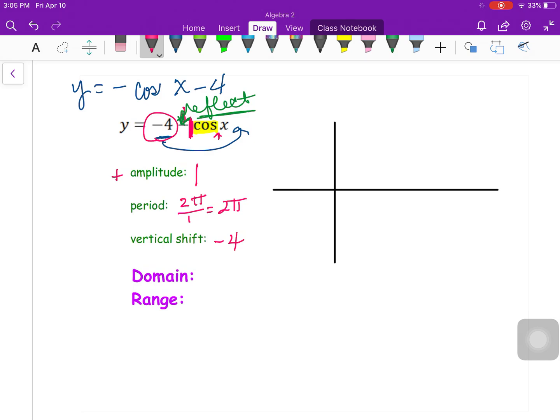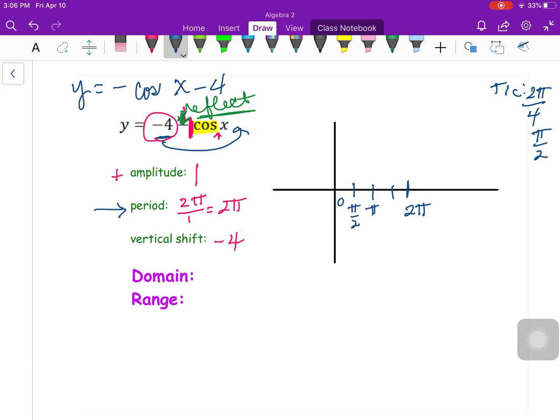So first, I'm going to plot my period scale to 2 pi. So every tick will be 2 pi divided into fourths. 1, 2, 3, 4. That gives me pi over 2.